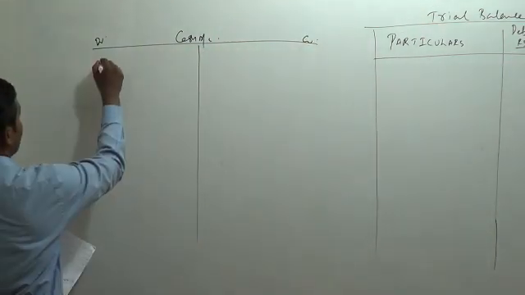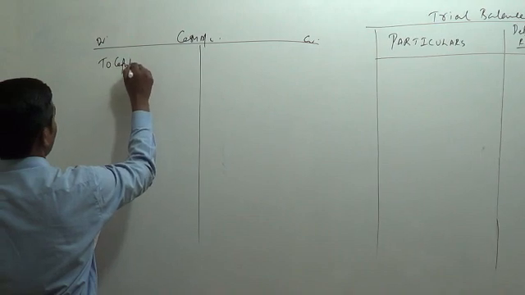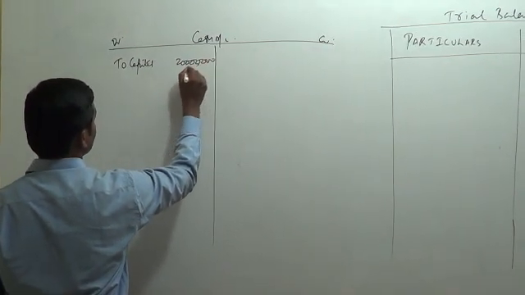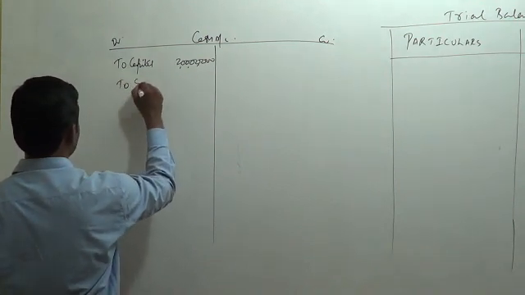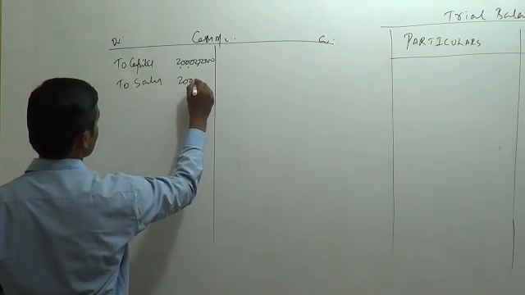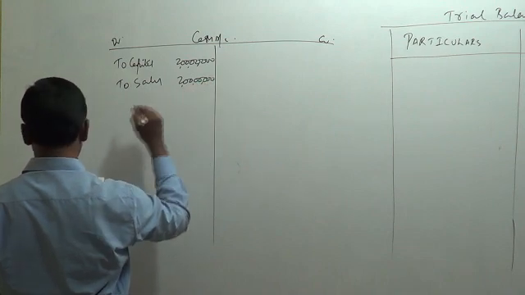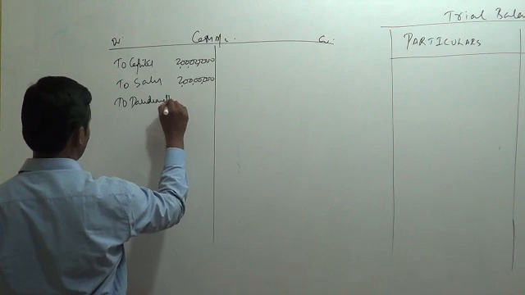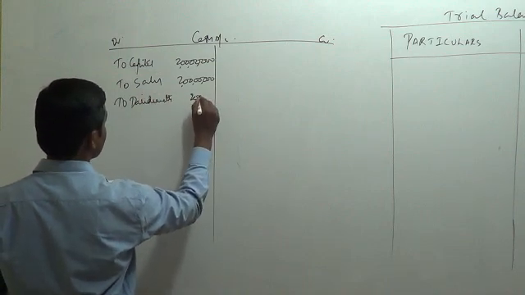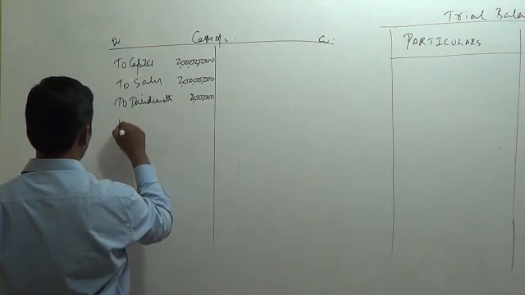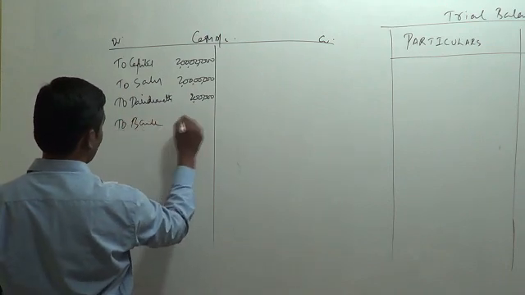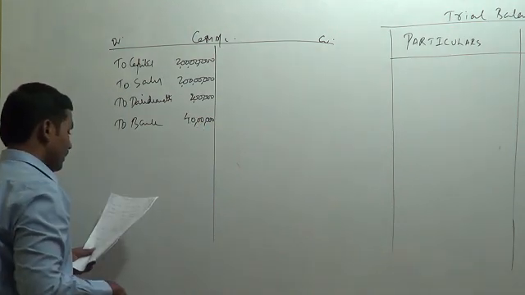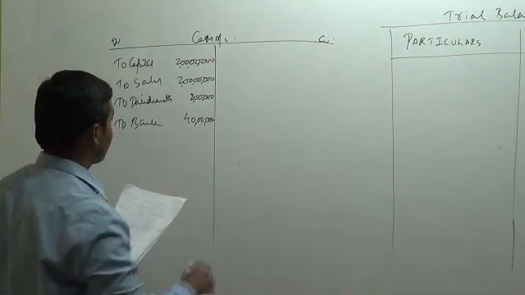The items in the cash account are: to capital, 2 crores; to sales, 2 crores; to Daridranath, 2 lakhs; to bank, 40 lakhs. So these are the items shown on the debit side of the cash account.